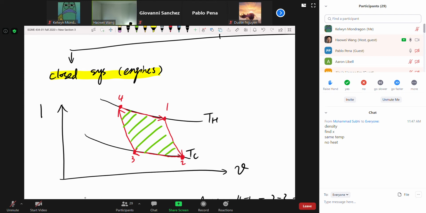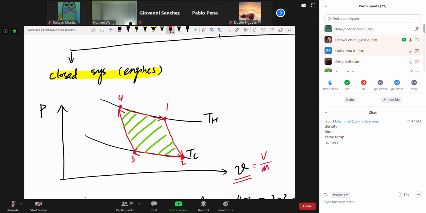Okay, 2 to 3. Let's remember what is the name of 2 to 3. Isothermal compression. Yes, very good. Professor, just a quick question. Why is it curved from 1 to 2 and 3 to 4 and not a straight line? 1 to 2 is curved to the right because the x coordinate is nu, which is specific volume, which is volume over mass.